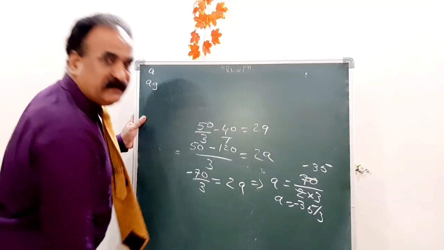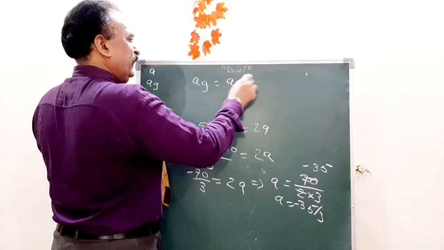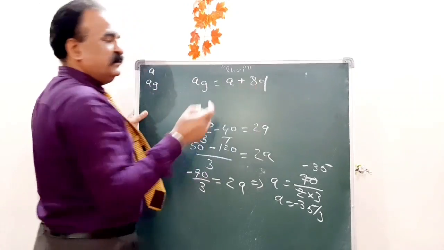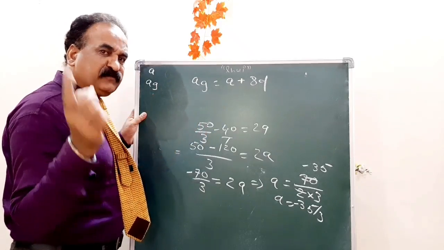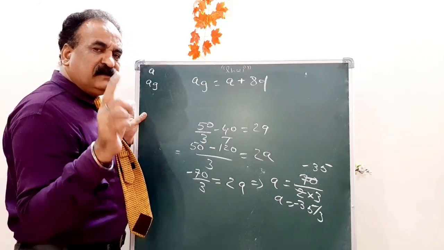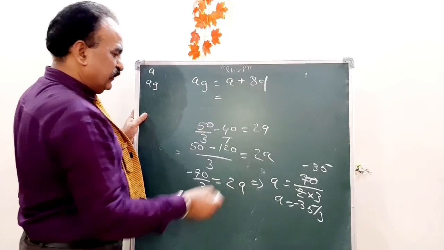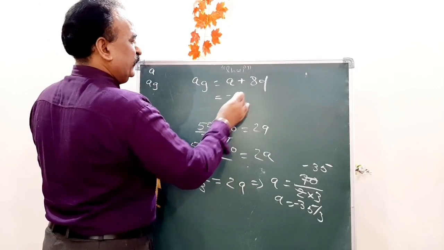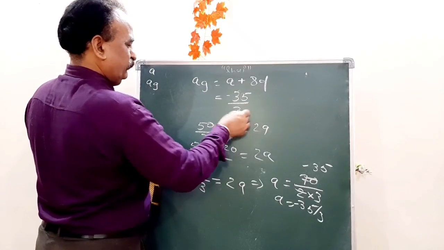Now you have to find a9. So a9 is equal to a plus 8 into d. You can apply the formula: a9 is equal to a plus (n minus 1) into d, n is 9, so 9 minus 1 into d. It means a plus 8d. So a is how much? Minus 35 by 3.